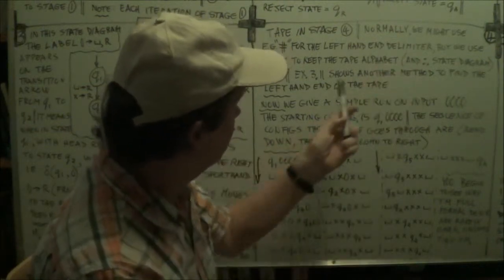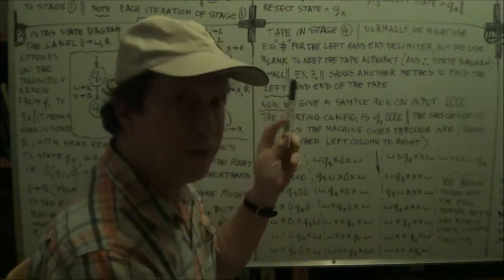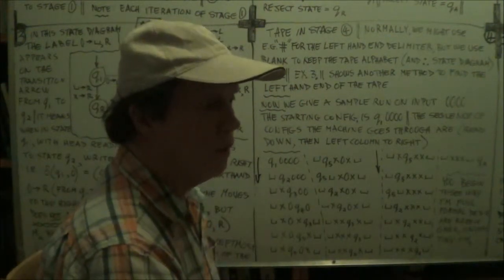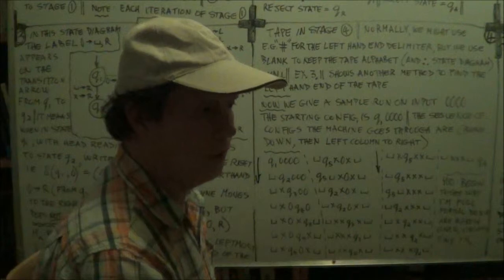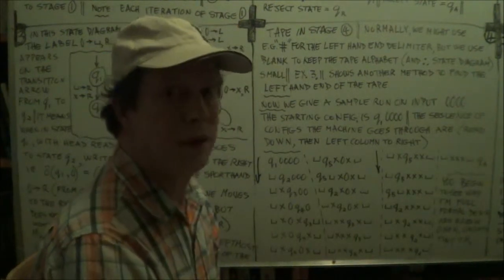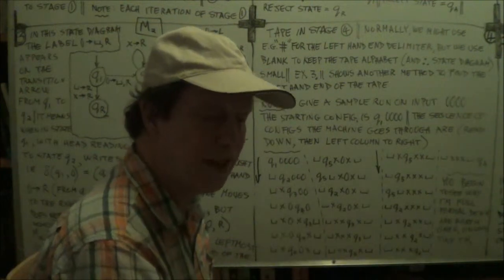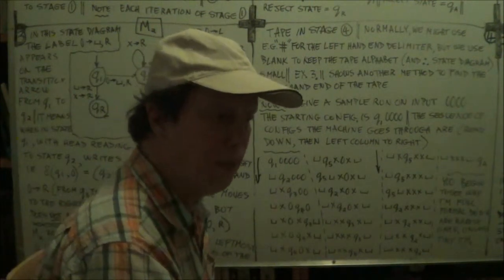Now another comment he makes. Instead of putting a blank there, how about putting a hash sign or a dollar or something else? Well, you could do that and use that as the symbol telling you that you've reached the left-hand end of the string.